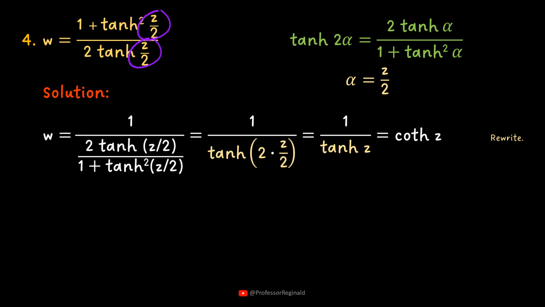W becomes the hyperbolic cotangent of z, whose derivative is easier to find than the given W.